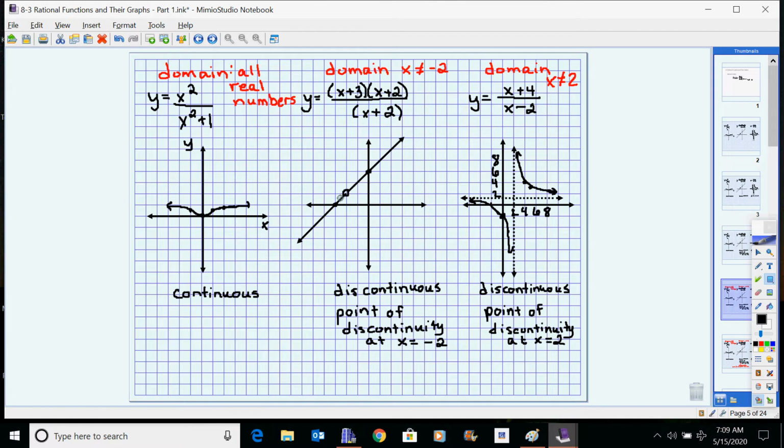This one that has a point of discontinuity, a point where x can't be because of this denominator, the domain is everything except x can't equal -2. And the domain here, x can't equal 2. So the difference between a point of discontinuity and the domain really is just that the point of discontinuity is what the point equals, and the domain is what it can't equal. Okay, so that's how you would express those.